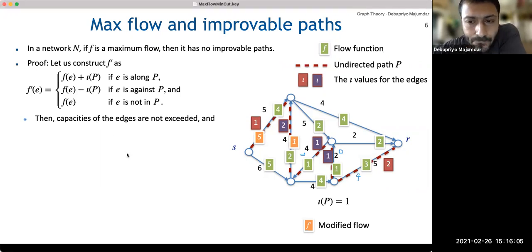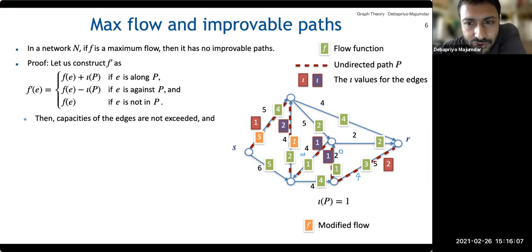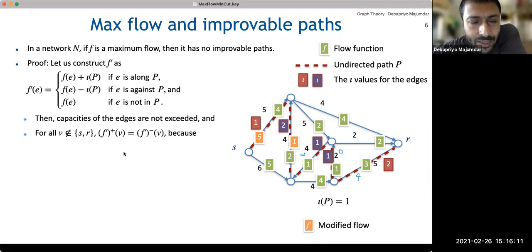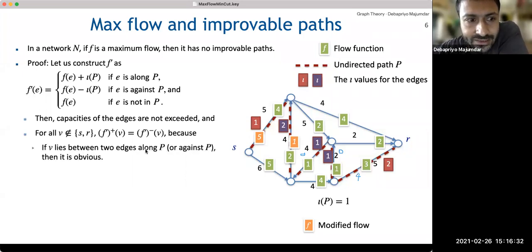Okay, that's fine. But there is another thing that we need to check. For all vertices other than the source and sink, for F prime, the new values, is it true that the incoming is equal to the outgoing? If that is true, then F prime will also be another flow, right? So let's check that.